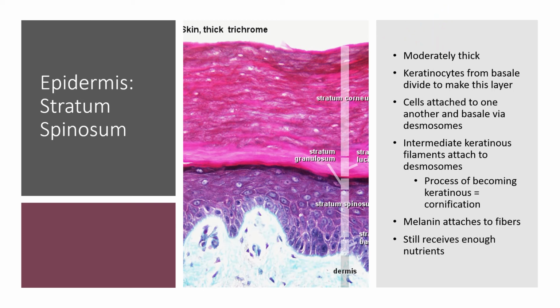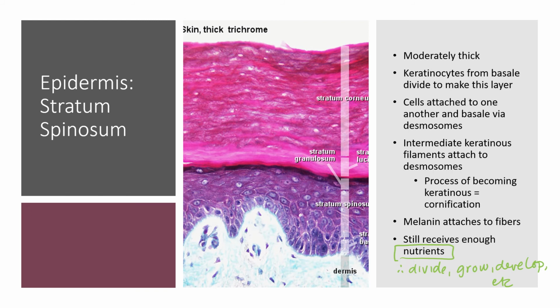These cells are still fairly close to the connective tissue underneath, so they still receive nutrients. Therefore, they still divide, although very slowly and infrequently, grow, develop, etc. Because they have access to the bloodstream, they can still do stuff.